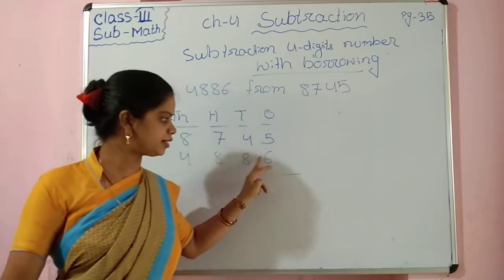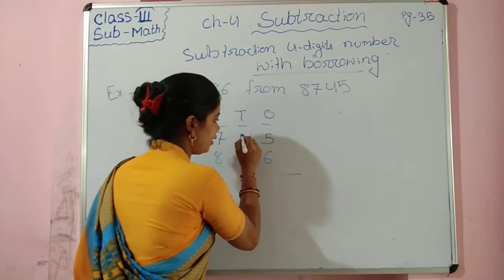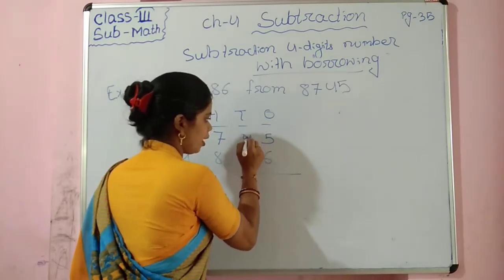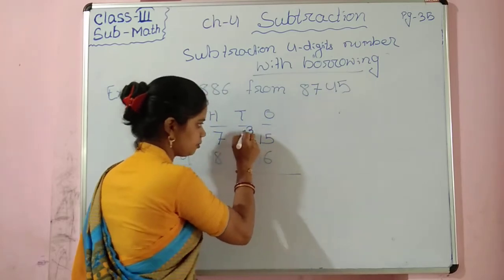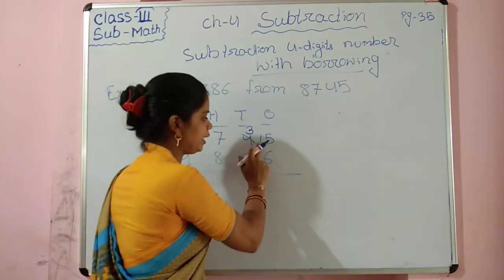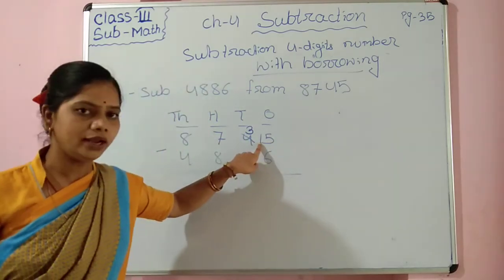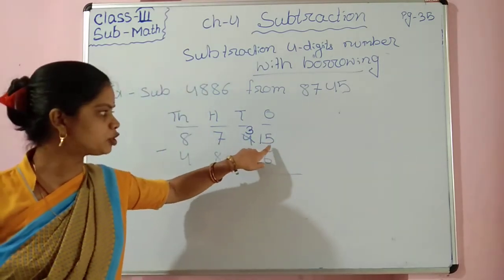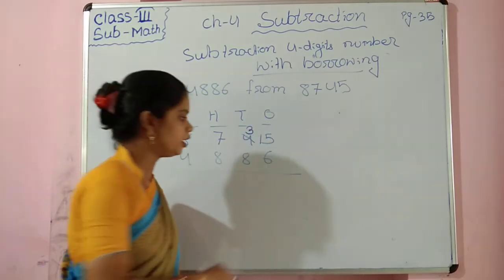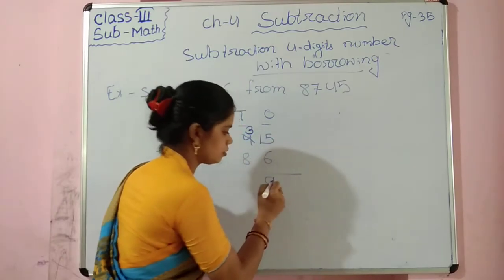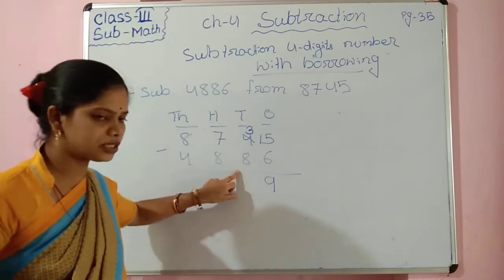We cannot subtract 6 ones from 5 ones, so we borrow 1 ten from the tens place. Here 15, here 3. You always write the 1 in the tens place, so 10 plus 5 ones is 15. 15 ones minus 6 ones is 9 ones. Write 9 in the ones column.